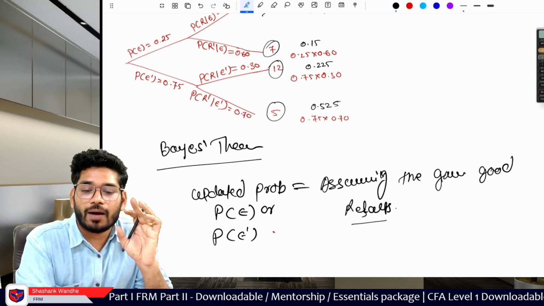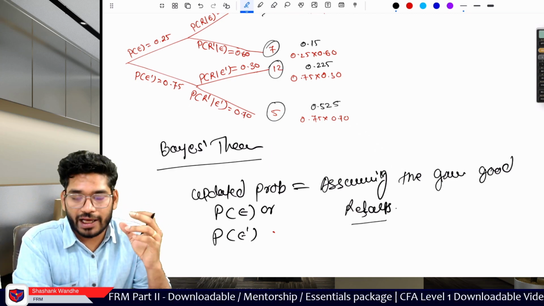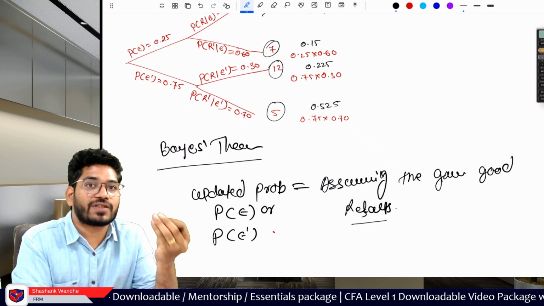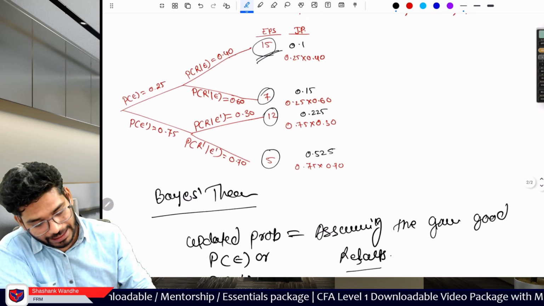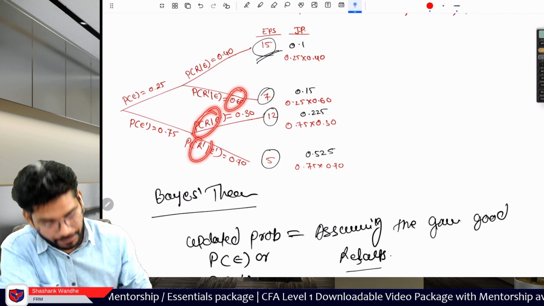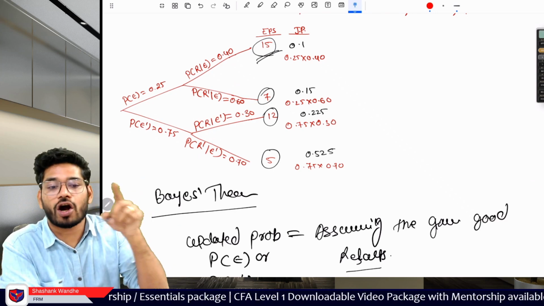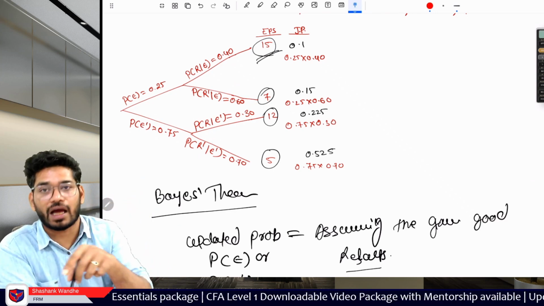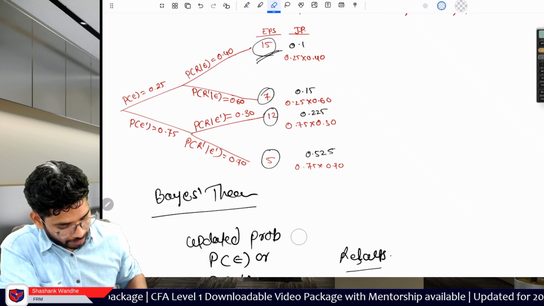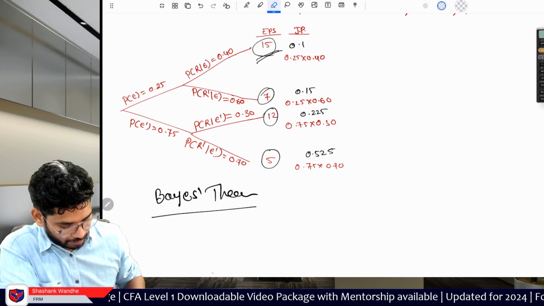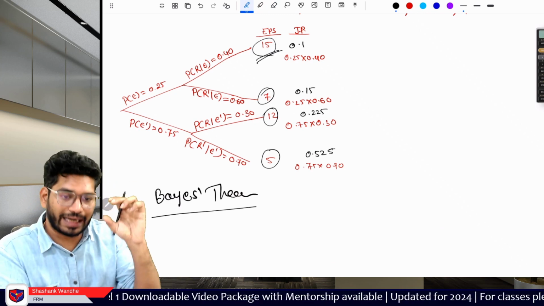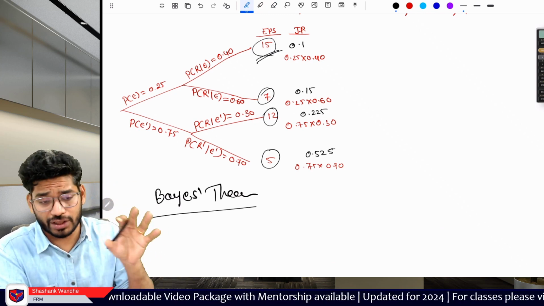Now, for the updated probability of expansion or not expansion, we will do this calculation, assuming you have some additional information, and this additional information must be related to the good results or not good results. Then we will update the probability. I'll write down this statement. This is how the statement works, and you are likely to see similar statements in illustrations and questions.